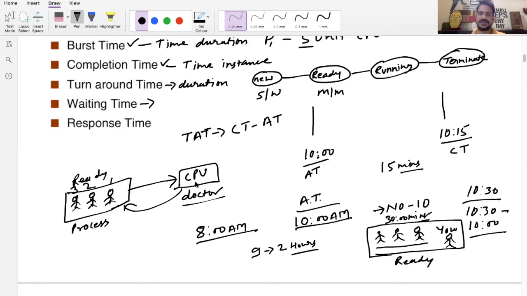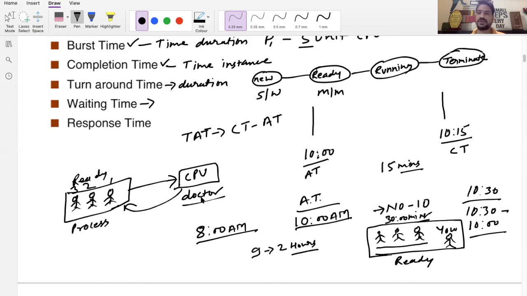When a process is terminated from the running state, why? Because maybe a high priority patient comes into the doctor's chamber who needs medical attention just now.